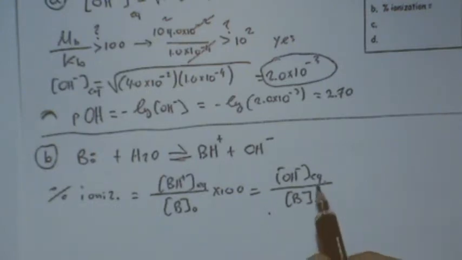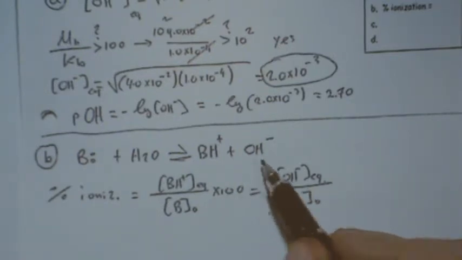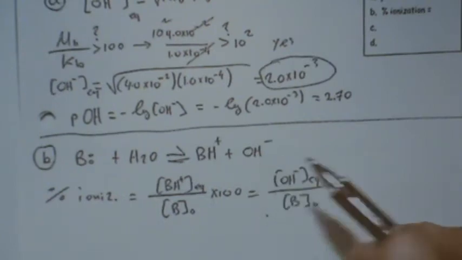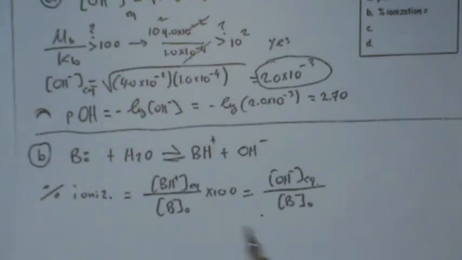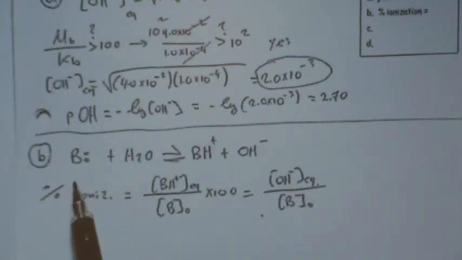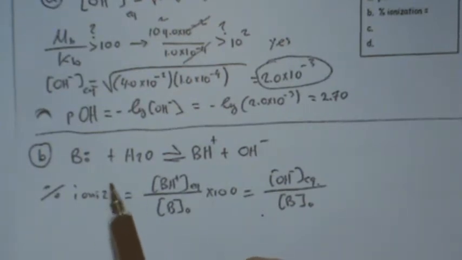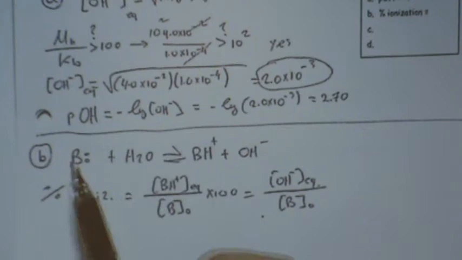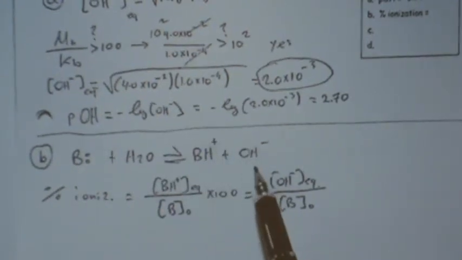Because this is equilibrium, right? And equilibrium means total. And this is not total. This is the concentration that comes from this reaction. We have total in solution equal to the one that comes from this equation. Because when we say we want ionization, we want the concentration of ionized, and we said that it's equal to the concentration of that. Now you're saying it's equal to equilibrium.